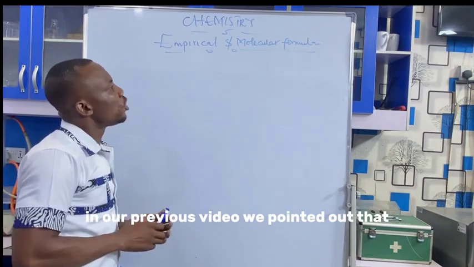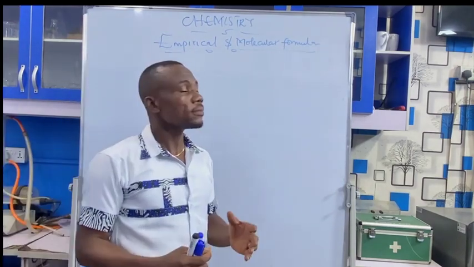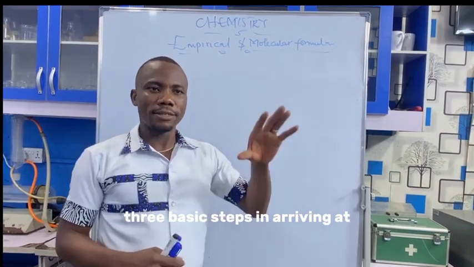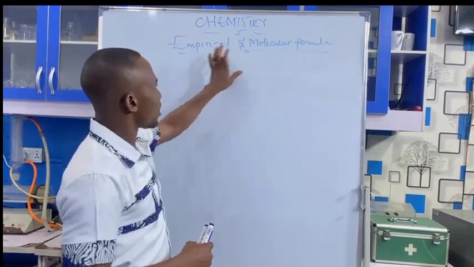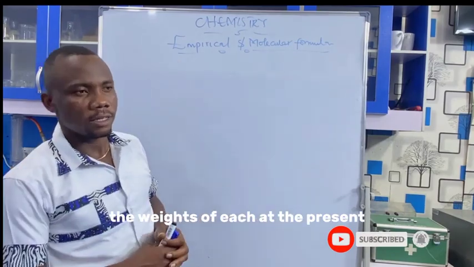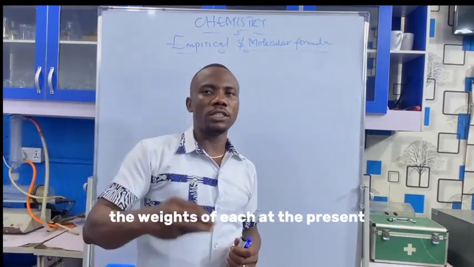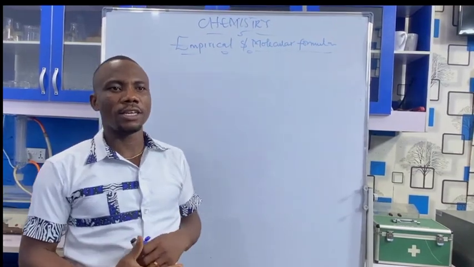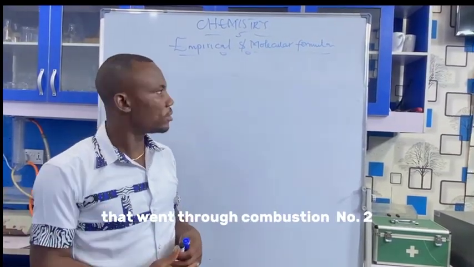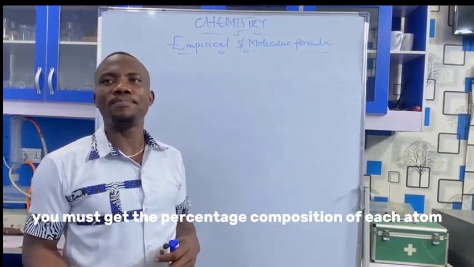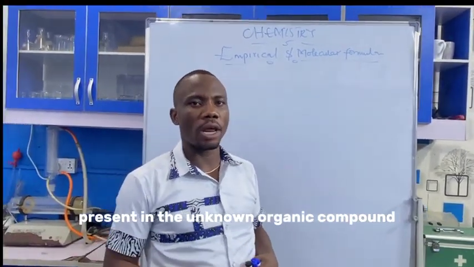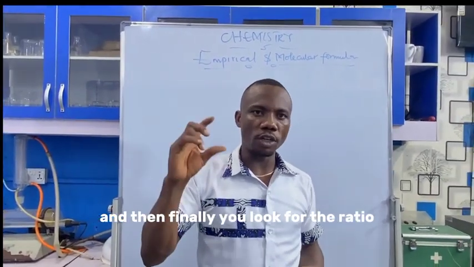In our previous video, we pointed out that there are three basic steps in arriving at empirical and molecular formula. One, you must look for the weight of each atom present in the unknown organic compound that went through combustion. Number two, you must get the percentage composition of each atom present in the unknown organic compound. And then finally, you look for the ratio.